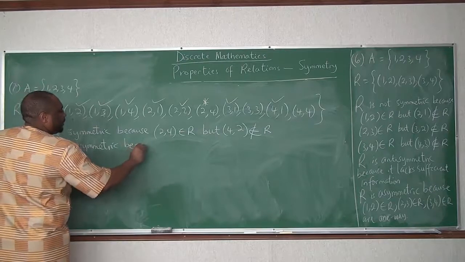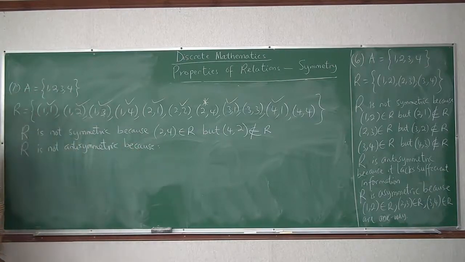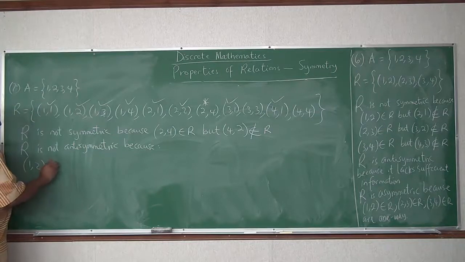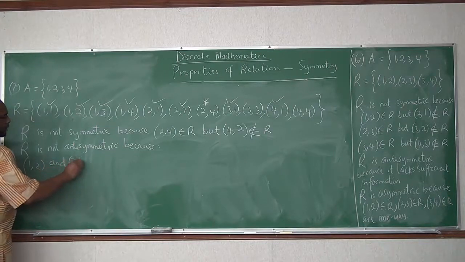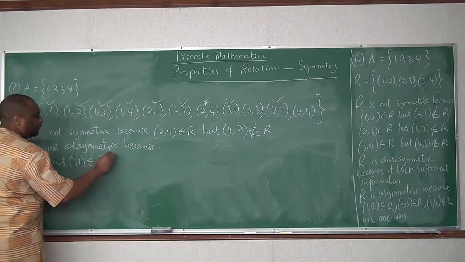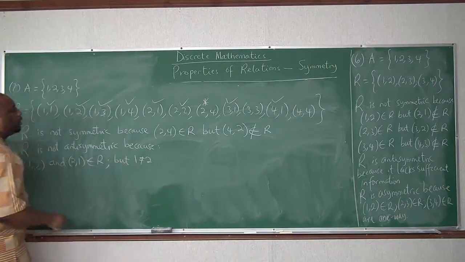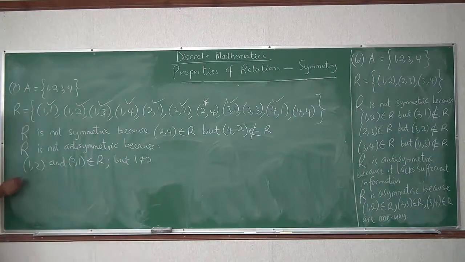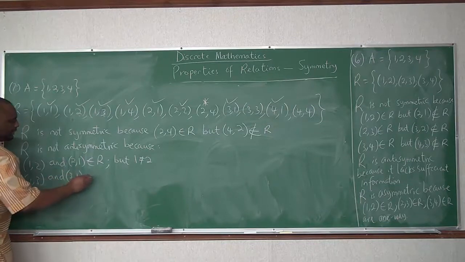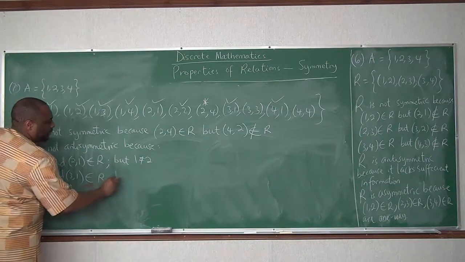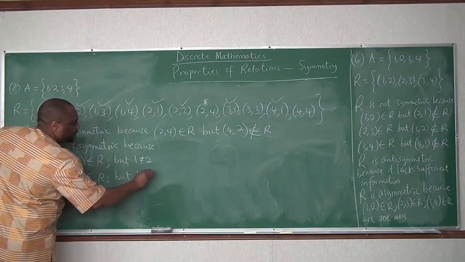It's not antisymmetric because you have 1, 2 and 2, 1 as elements of R, but 1 is not equal to 2. Also 1, 3 and 3, 1 are elements of R, but 1 is not equal to 3.